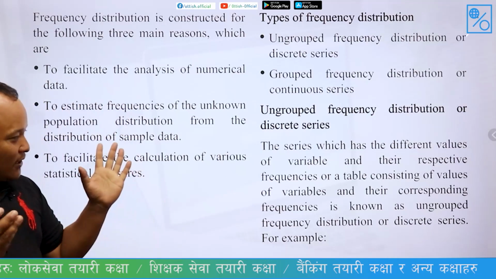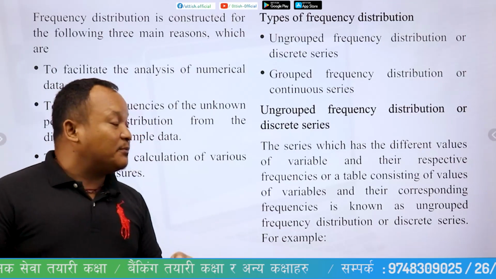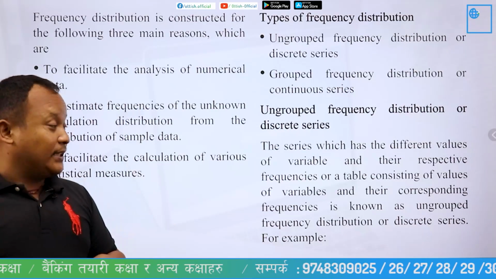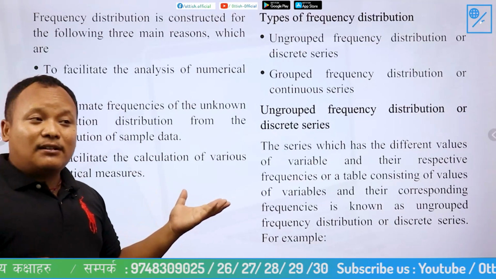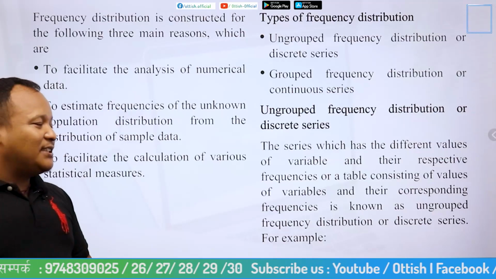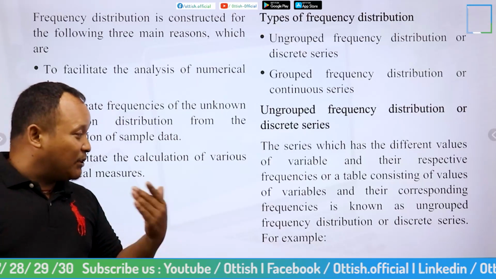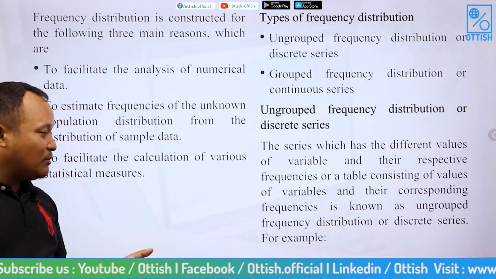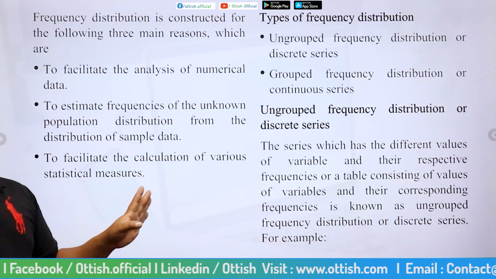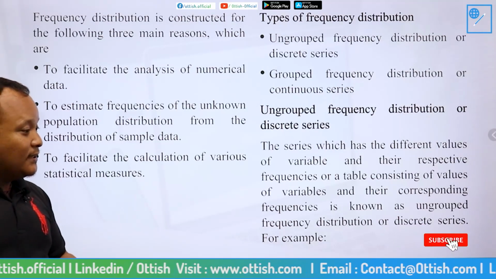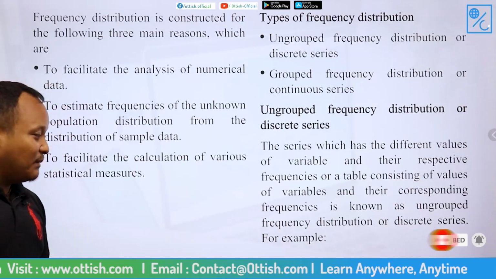It is a kind of simple frequency table which consists of single values of the variable with corresponding frequencies. In other words, the ungrouped frequency distribution is also known as the discrete series. This type of frequency distribution contains the single values of the variable within the table and their respective repetitions.